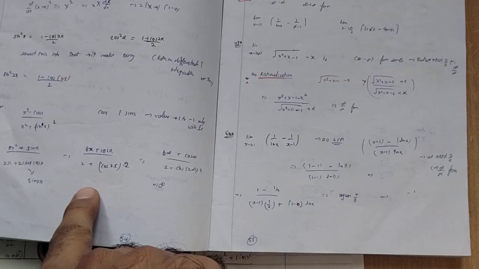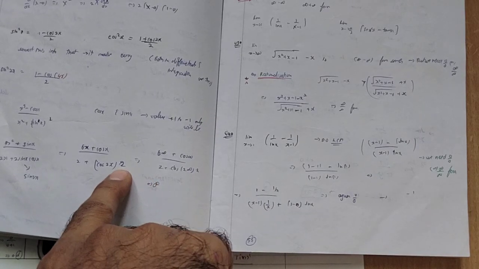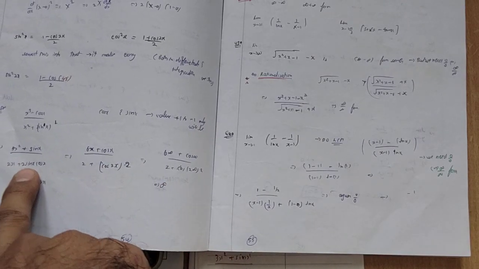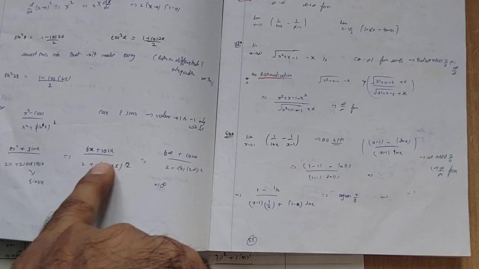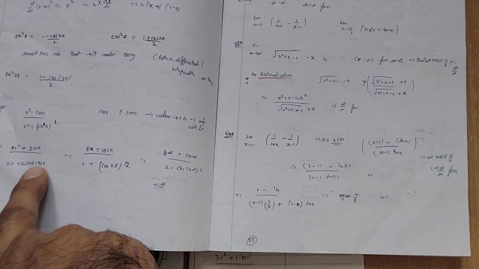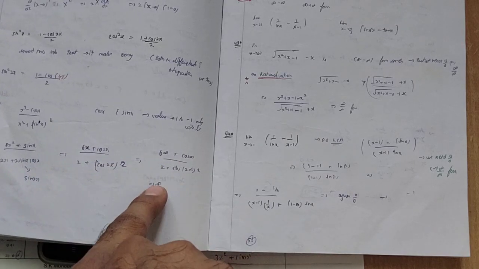Oh, like this they have just taken, okay. You can see cos 2x over x square like that, so this one sin 2x, again cos 2x, okay, like this, infinity.